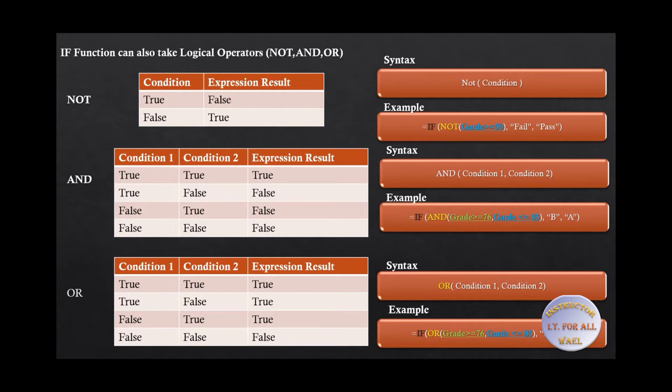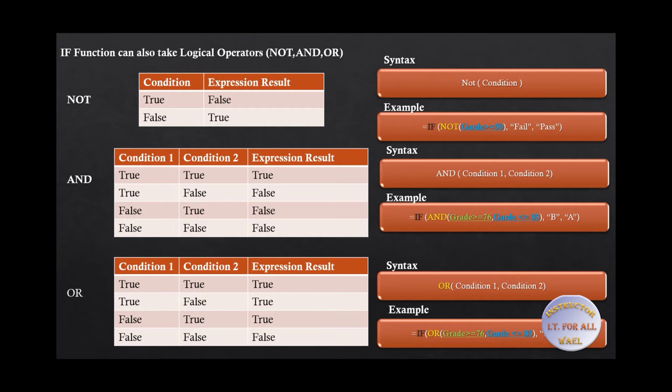The if function can also take logical operators: not for negation, and, and finally, or. There is also another operator called XOR, but during my 25 years of work experience, I haven't used it. So I did not include it here because it's going to be too much for something that you are not going to use, or at least not going to use much.